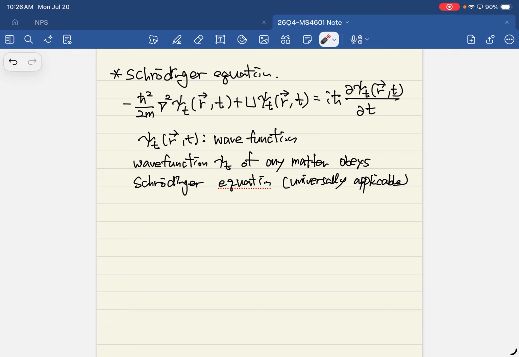So even though it is universally applicable, the Schrödinger equation is exclusively used for describing very small scale objects, and for bulk scale objects it is still fine to deal with Newton's law, the classical mechanics.